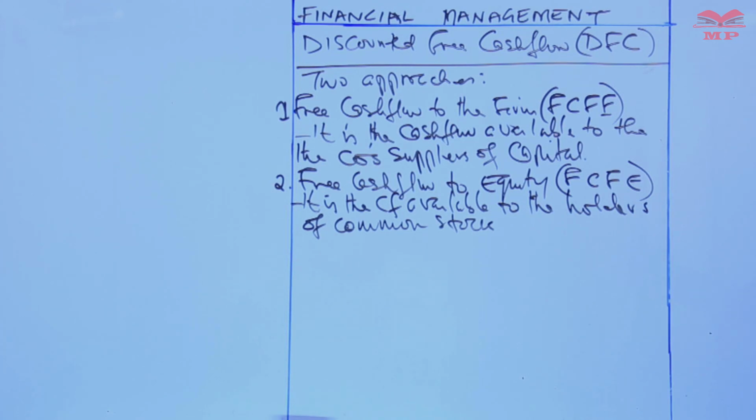So the free cash flow to equity is the cash flow from operations minus capital expenditures, minus payments to debt holders.